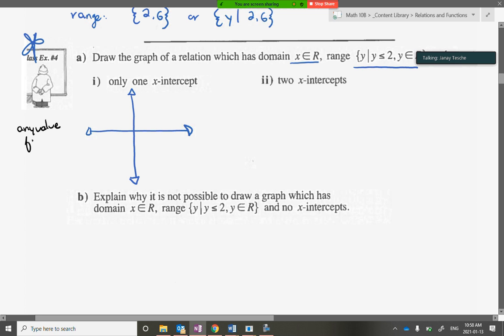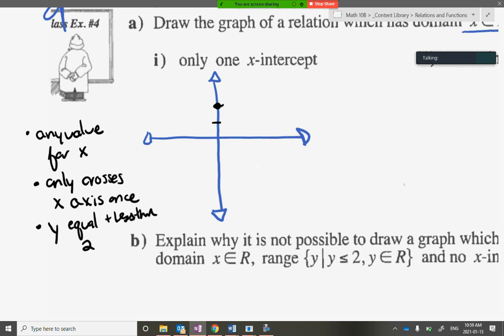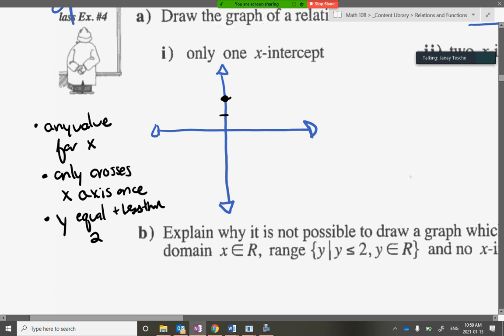Any value for X only crosses the X-axis once and Y has to be equal to and less than 2. So let's put that on here first. So 1, 2, I have to have like a dot going through there. Nothing higher. So it has a maximum of 2 for my y values.